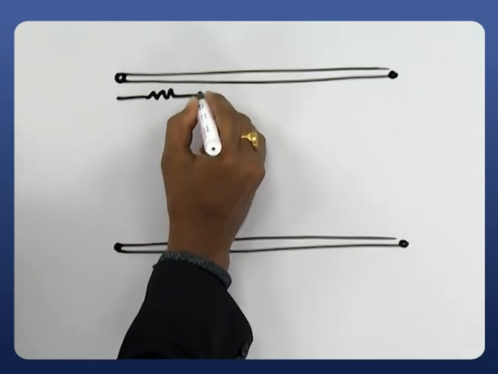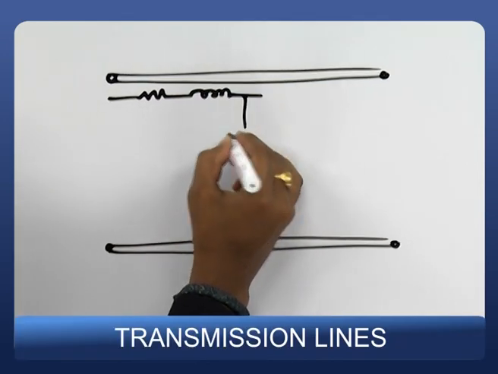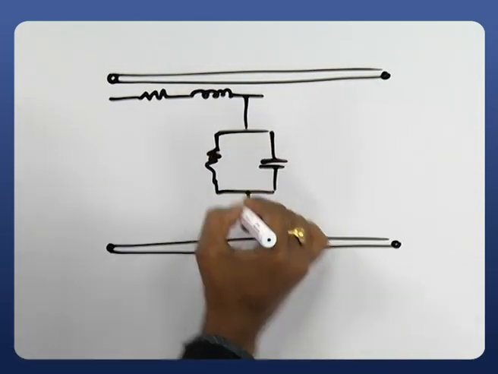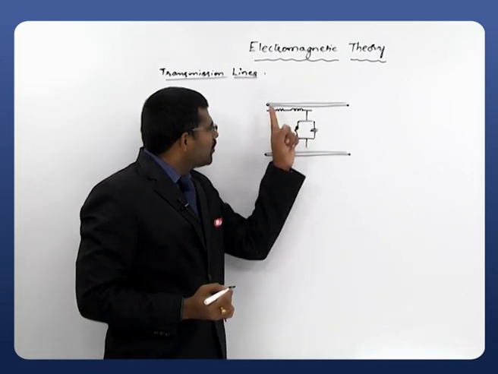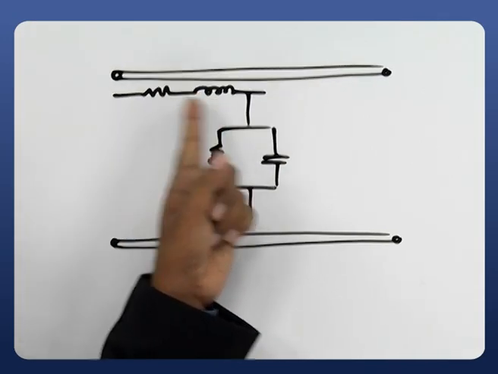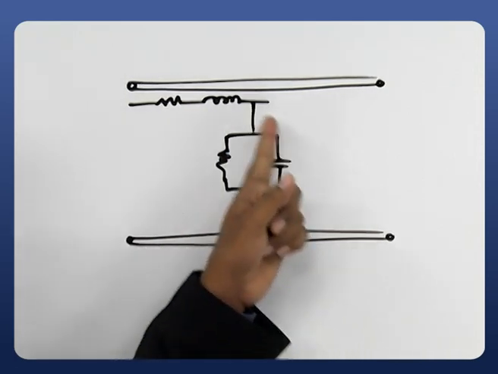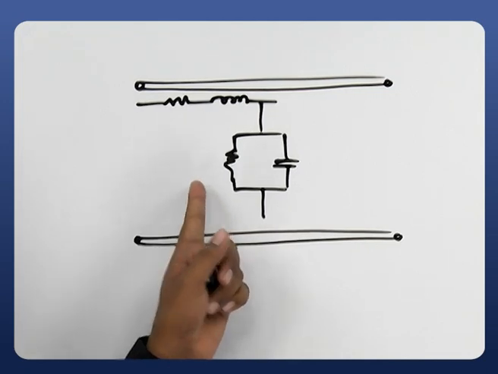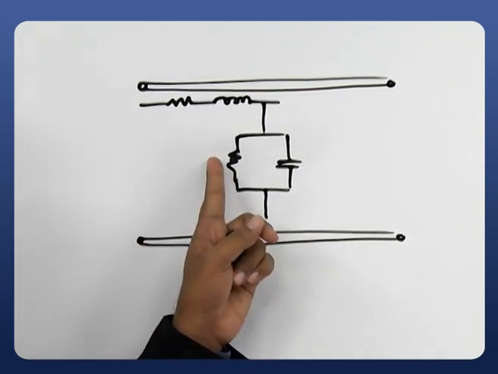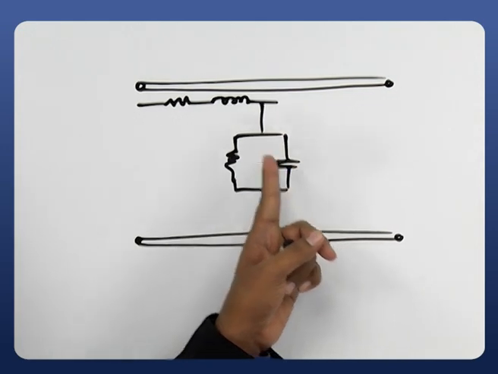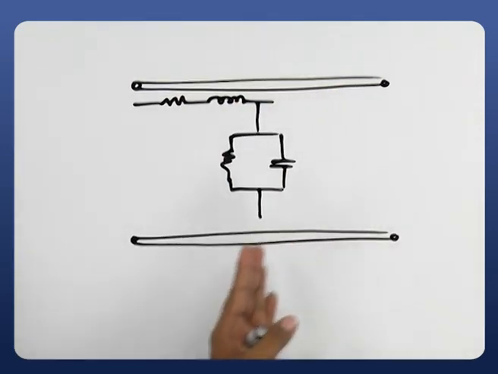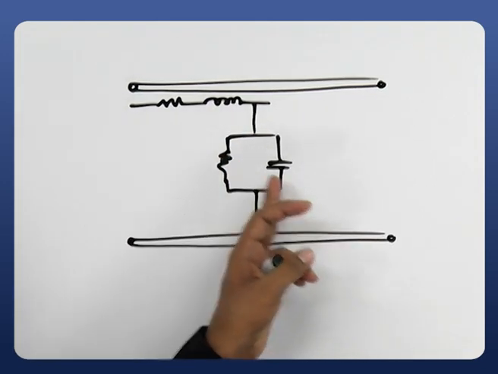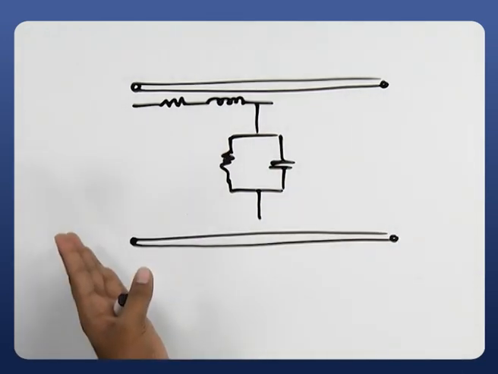This is R, L, G and C. So, every conductor can be replaced with a combination of series R and L, and the dielectric can be replaced with a parallel combination of conductance per length, that is per meter, G, and a capacitance per length. So, this is a simple equivalent circuit of our transmission line. Do not think that only 1 R, 1 L, 1 G and 1 C will be there. This is a distributed circuit.